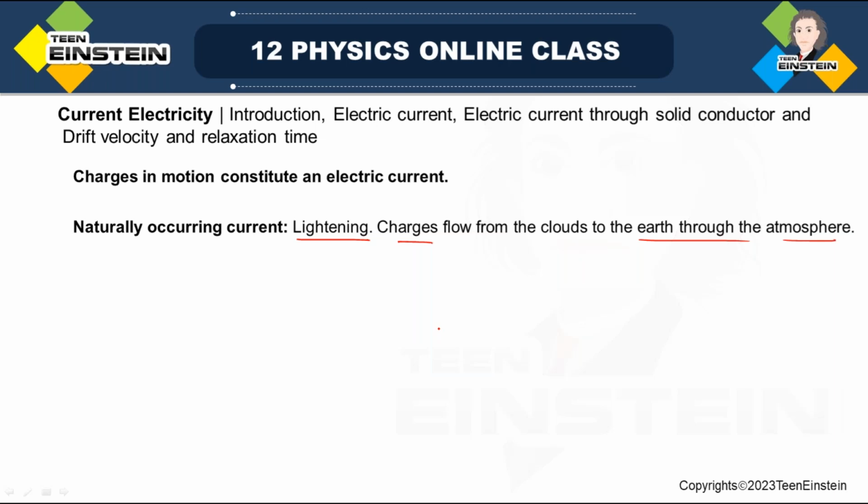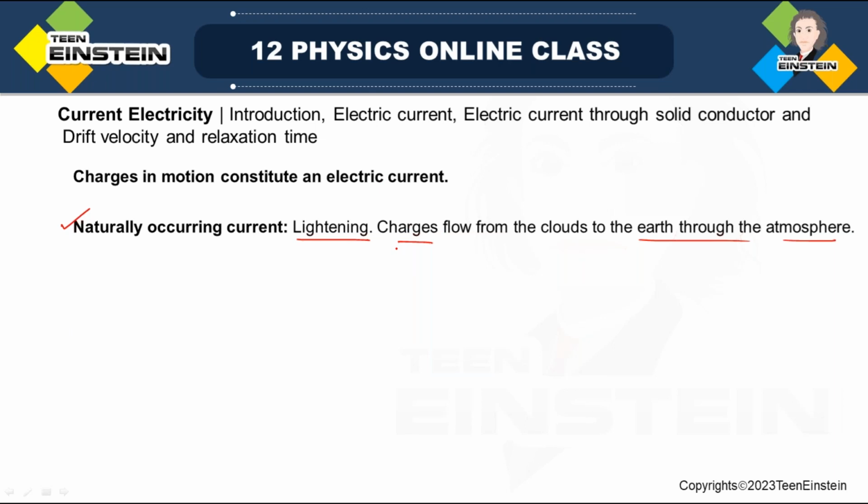So there will be no lack of charges. Generally, earth is taken as zero potential. Those things we'll learn as we go along. So this is the natural source of electric current.